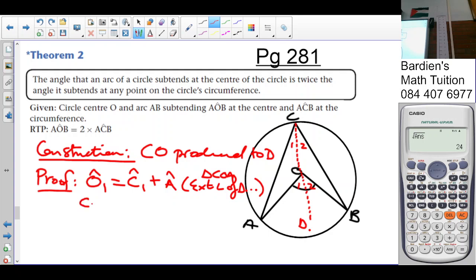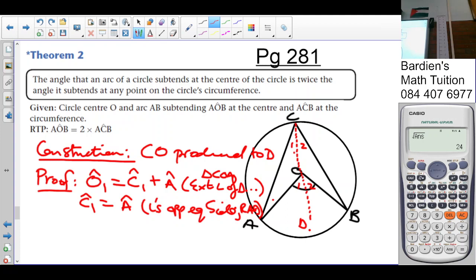So people, C1 is equal to angle A. Why is angle C1 equal to angle A? Who can tell me? Good start. Yes, radius. CO is equal to AO. And there we go. Your reason here is angles opposite equal sides, and it's coming from the fact that it's your radius. I must mention the radius.